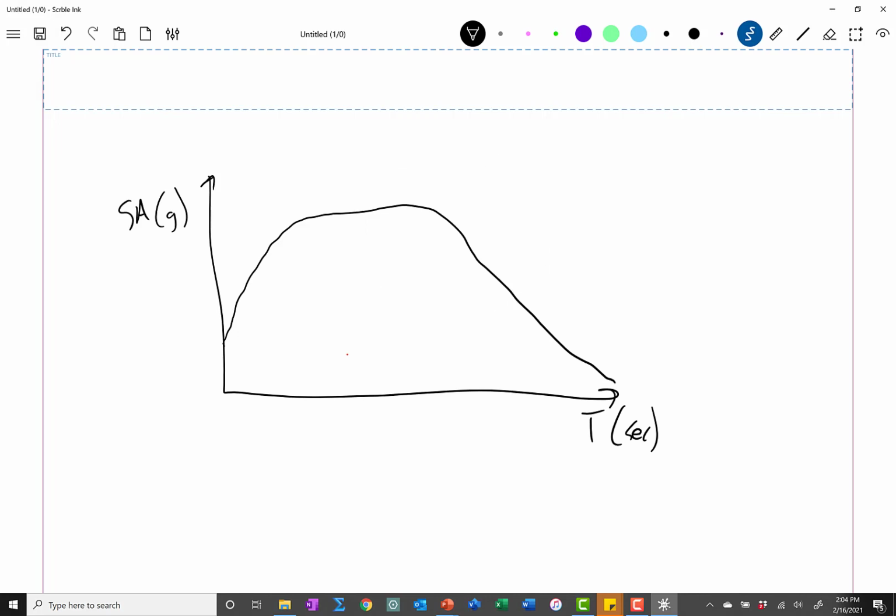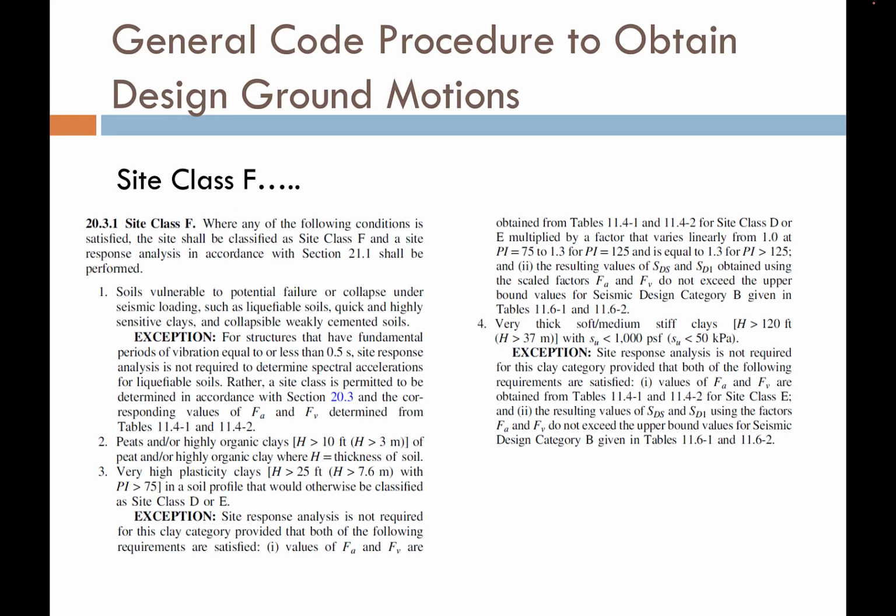And the point is, if I have a short period structure, so something that's like 0.5 seconds or less, you can see that this amplification out here in the higher periods doesn't really affect my structure in this zone right here in the short period. And so that's the reason for that exception for those long period soils or short period structures.